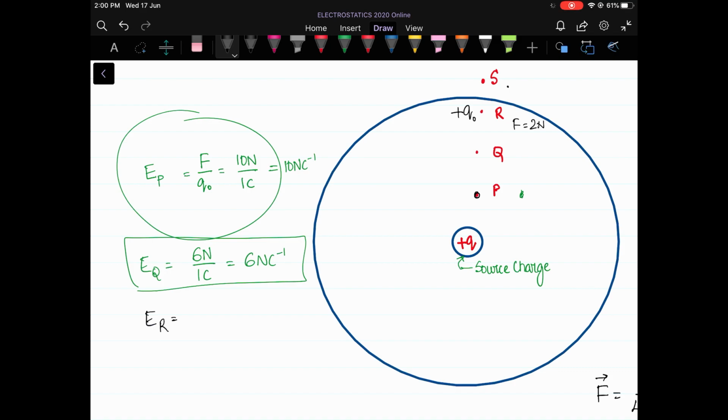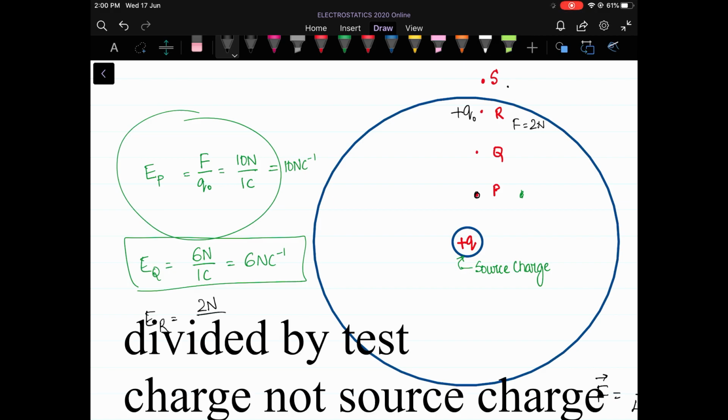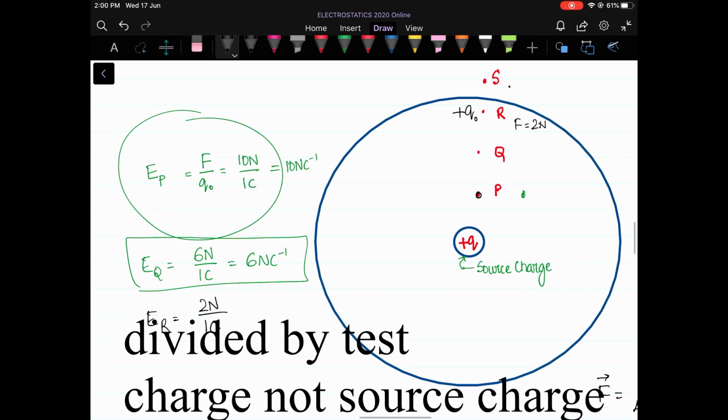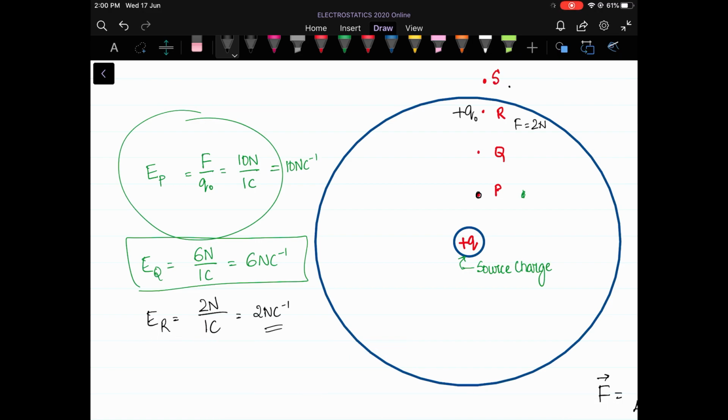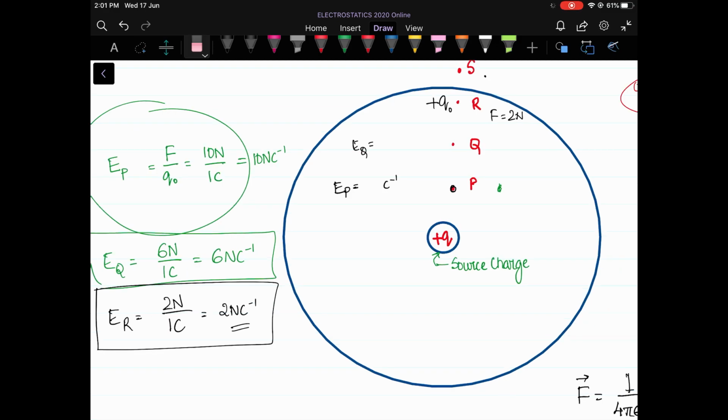So I'm going to write the electric field at point R as 2 newtons of force experienced by the test charge due to the source charge, divided by the test charge, which is 1 coulomb, which is 2 newtons per coulomb. The value of EP was 10 newtons per coulomb, EQ was 6 newtons per coulomb, and finally when I calculate the value of electric field at point R, we got 2 newtons per coulomb.